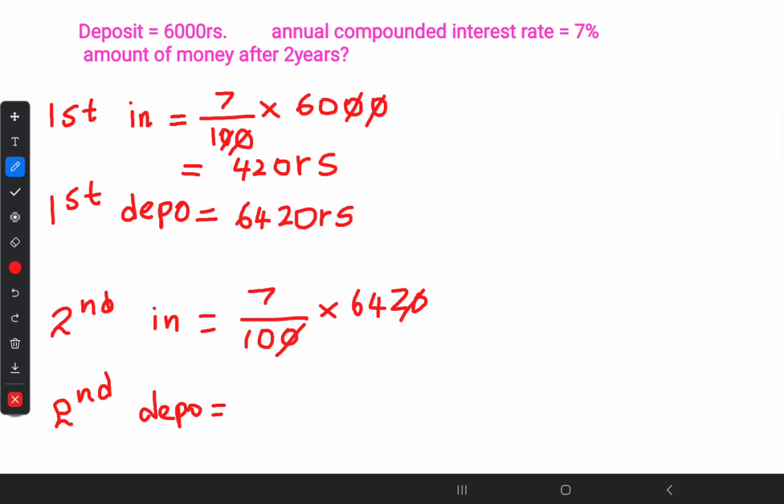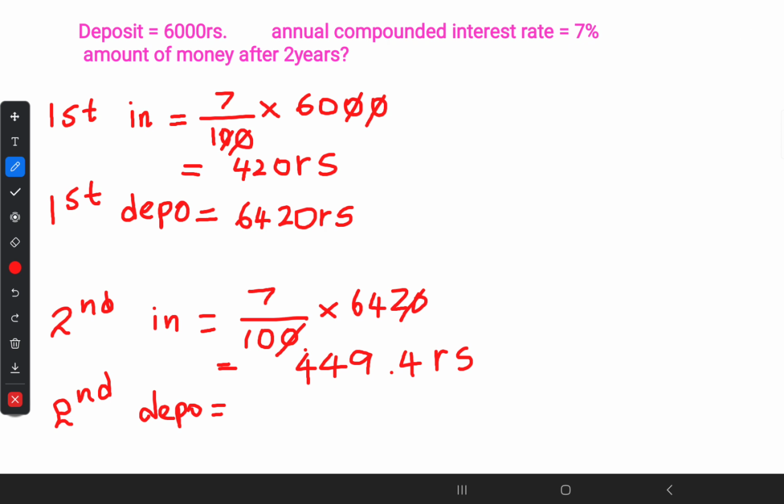After simplification it will become 449.4 rupees.